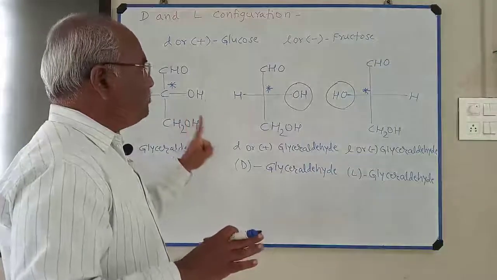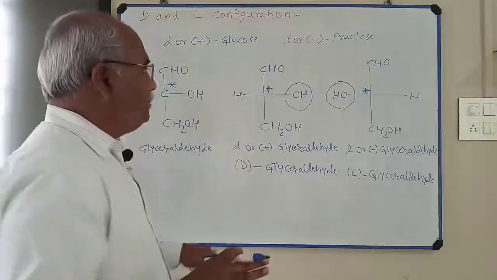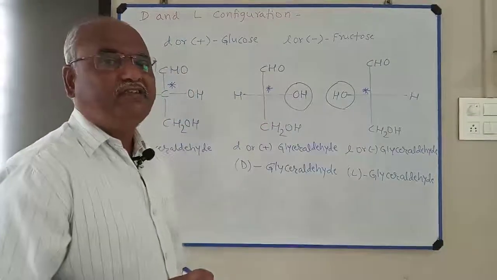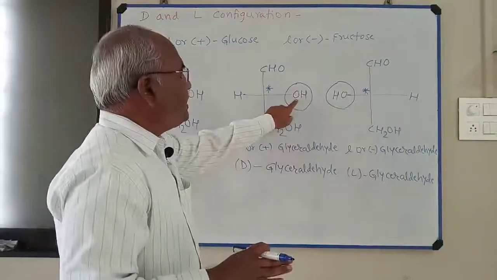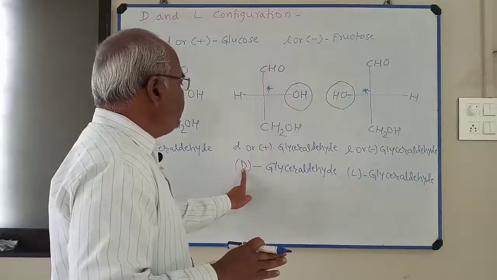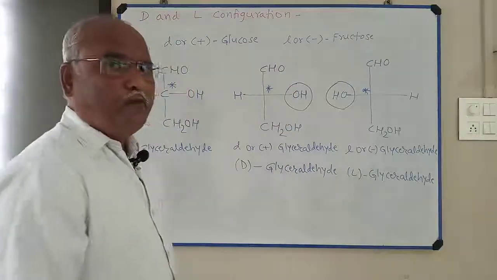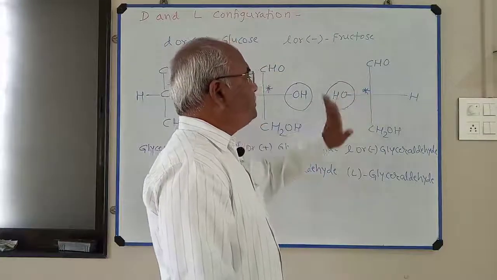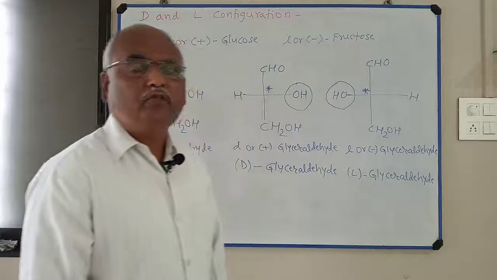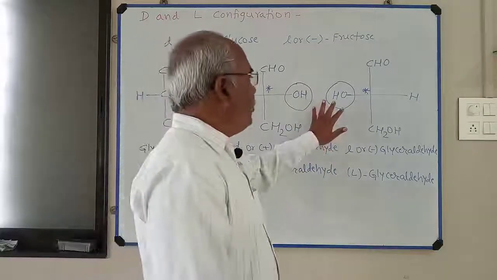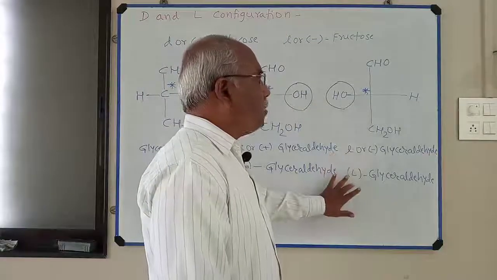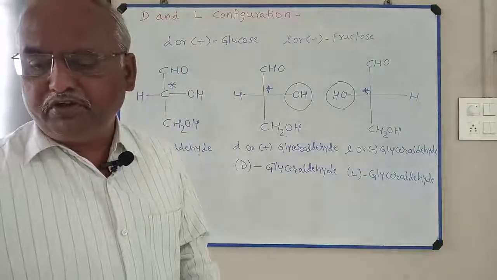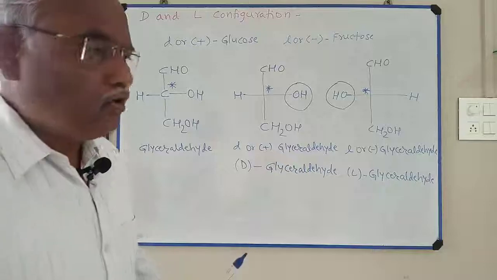So in Fischer projection formula, if the OH group on the lowest chirality center points to the right, it is called D-glyceraldehyde. When the OH group at the lowest chirality center in Fischer projection formula points to the left, then it is called L-glyceraldehyde. So this is about D and L configuration.